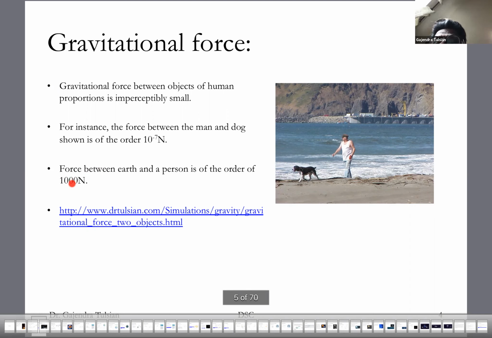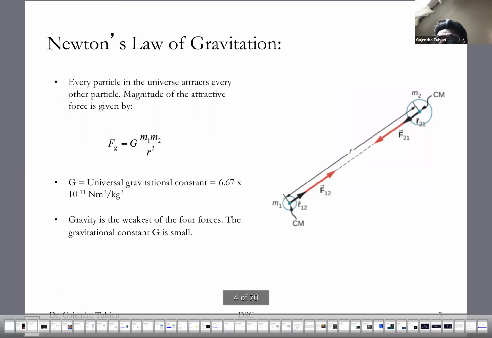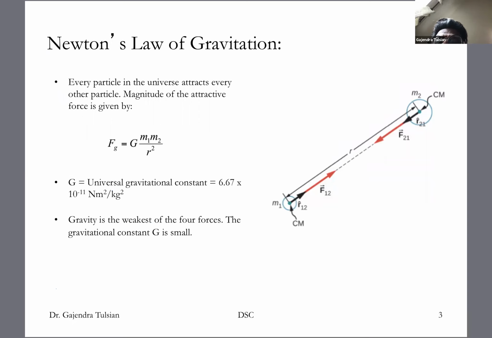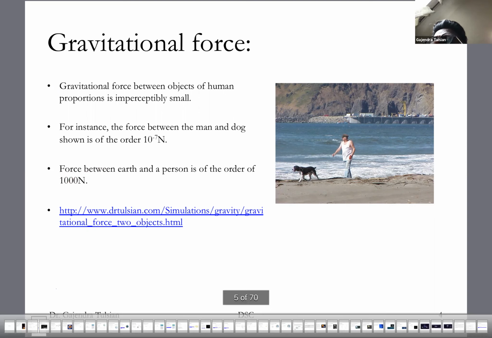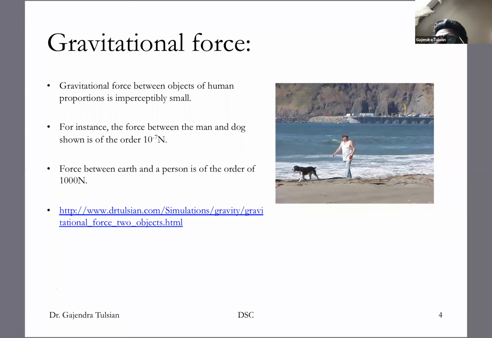So if you want the force to be large, at least one of the masses has to be large, and the force between the Earth and the man is large.